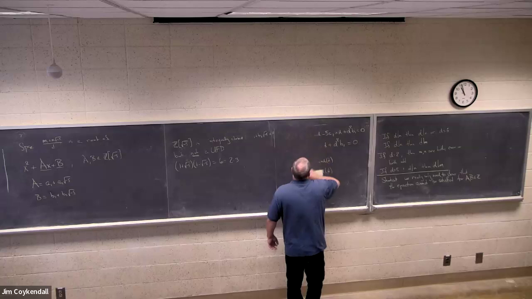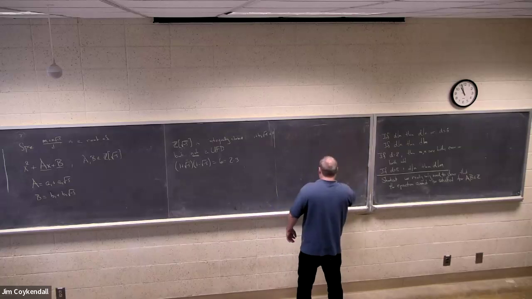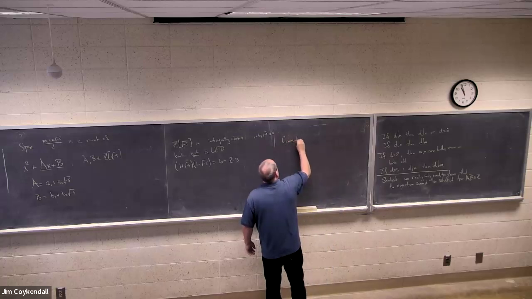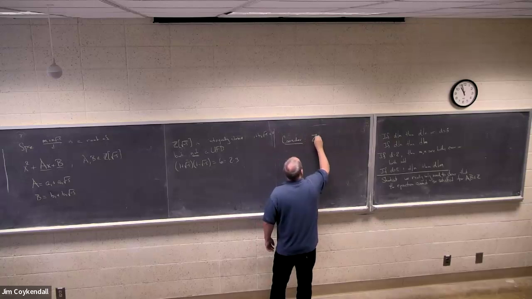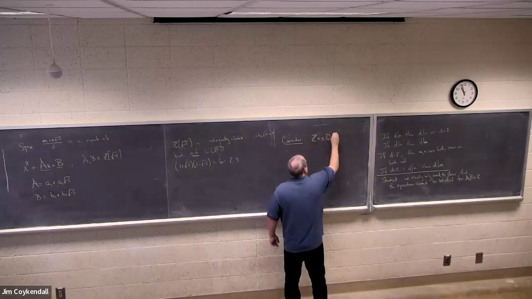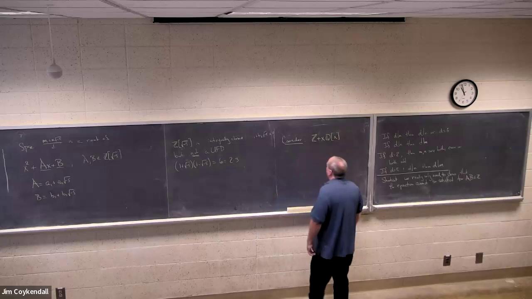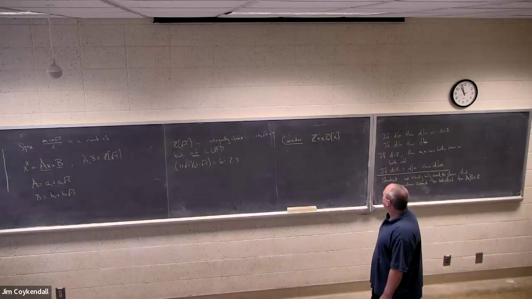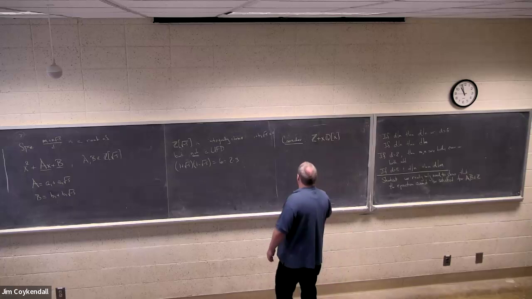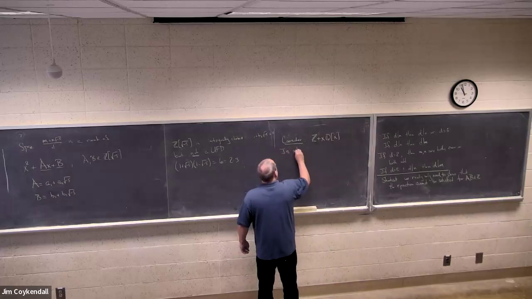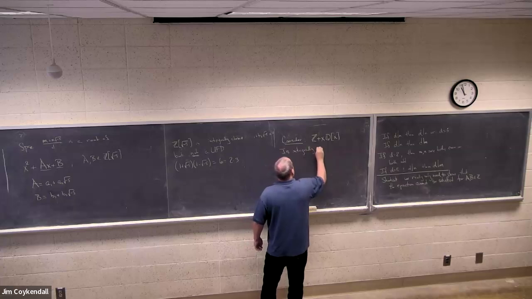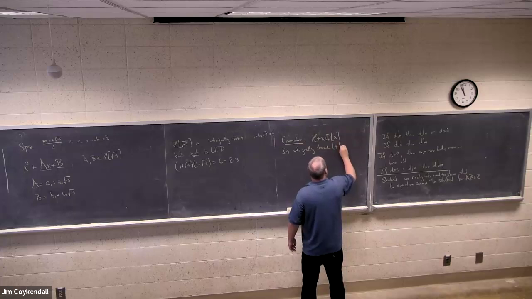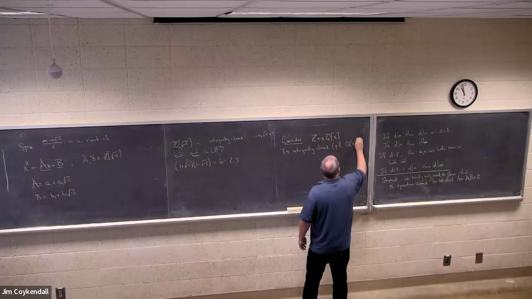Here's another example. Here's one that I can make a little more concrete. I claim that this ring is integrally closed. The quotient field here is Q(x).